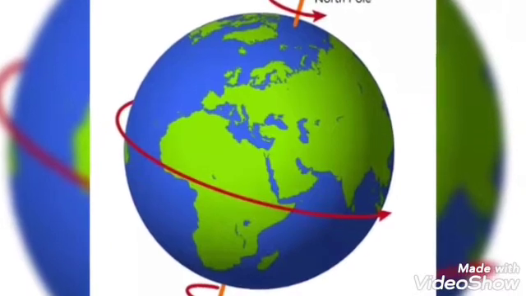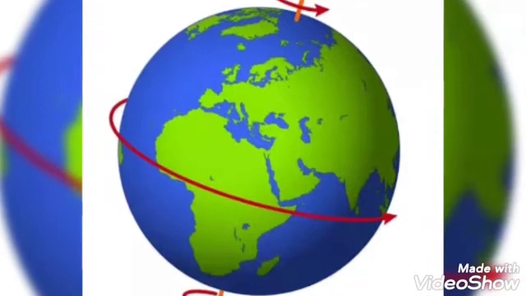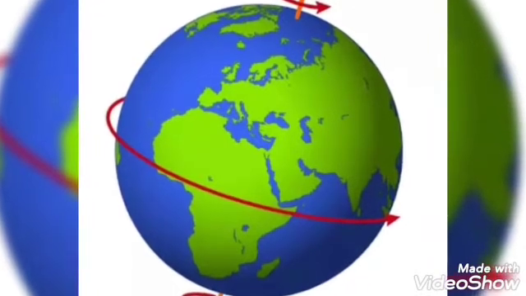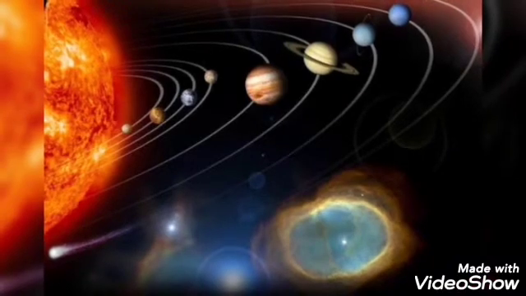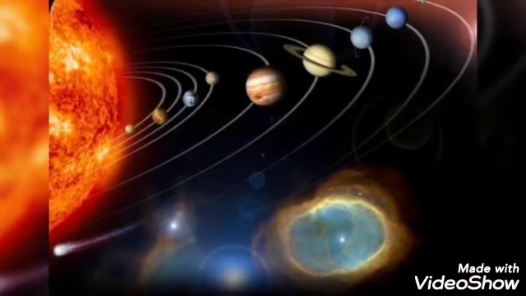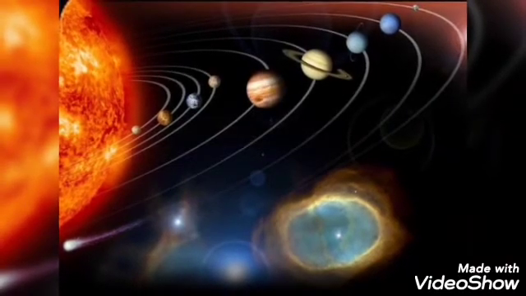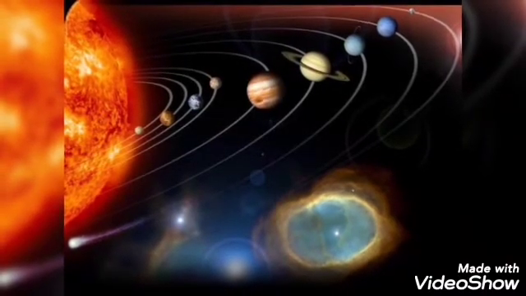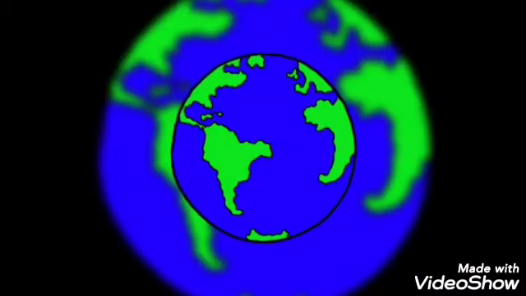Therefore, at any time, only one half of the earth faces the sun. This half of the earth has day, while at the same time, the other half, which is away from the sun, has night.